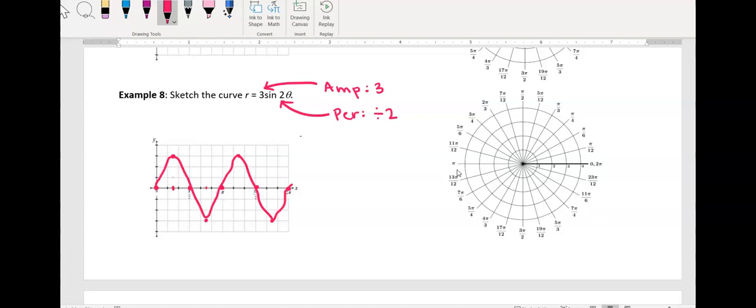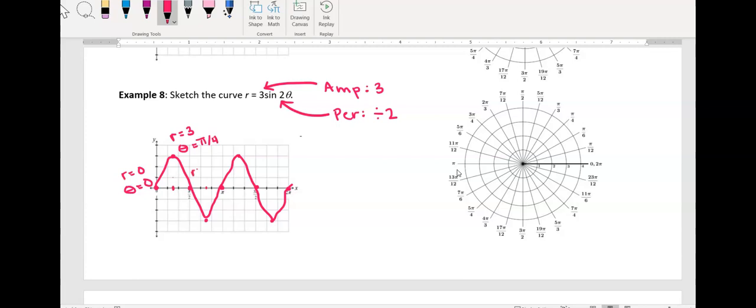And then I'm going to write my R value and my theta values next to each of these important points so that I know what to plot on my polar system. So to start, this first point would have an R value of 0 and an angle of 0 as well. The second one would have a radius of 3 and an angle of pi over 4.